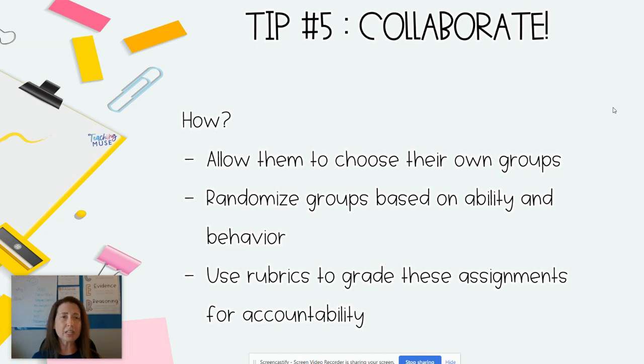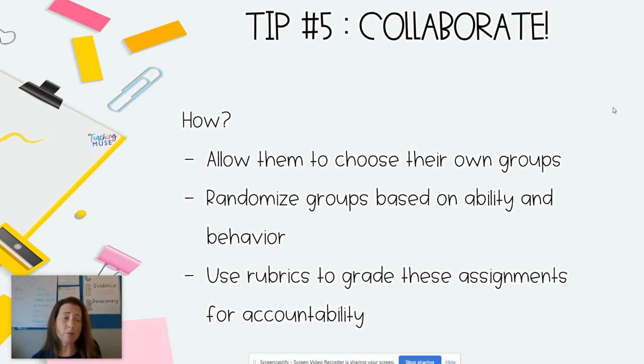So doing something like that, I don't have to worry as much about the behaviors, because they want to have that ability to choose who they want to work with. And it's also the beginning of the school year, so you usually don't see those disruptive behaviors just yet. Doing that in the beginning of the school year has helped me out in not having to worry about those other things that may go on.